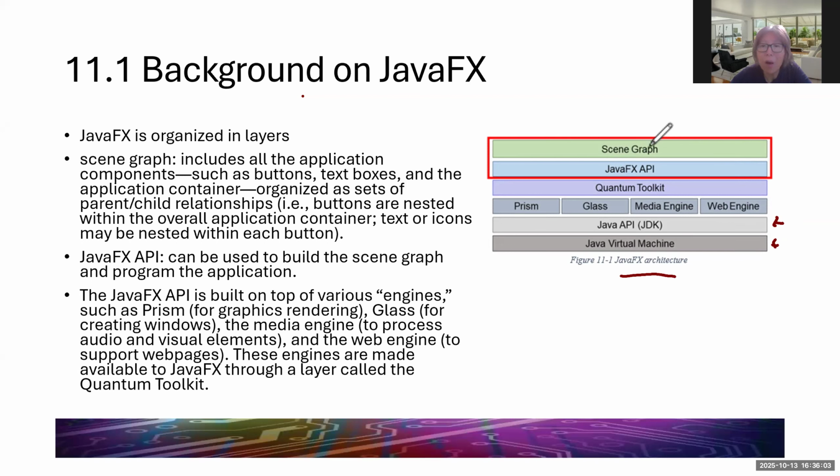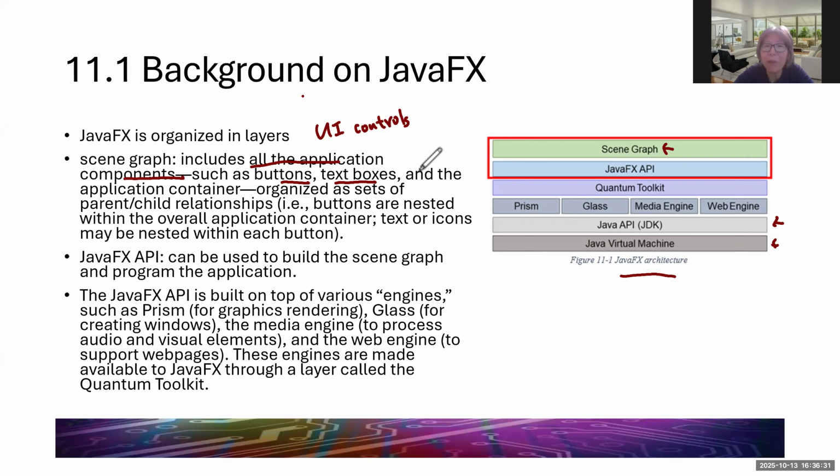The very top for JavaFX we call the scene graph. So what is the scene graph? It includes all application components, basically those UI controls, like a button, a text box.